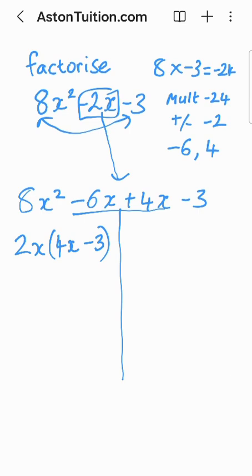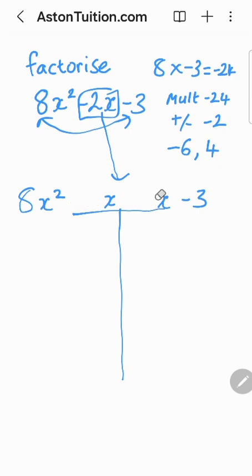So when you get into that situation, then you have to turn the plus 4x around and put the minus 6x after it. So let's change that to the plus 4 and make that the minus 6.